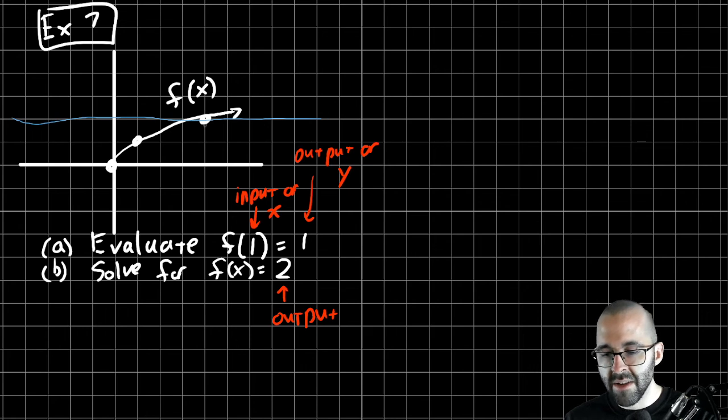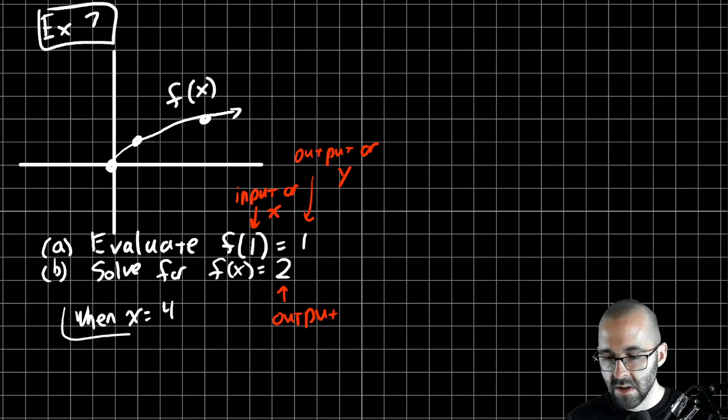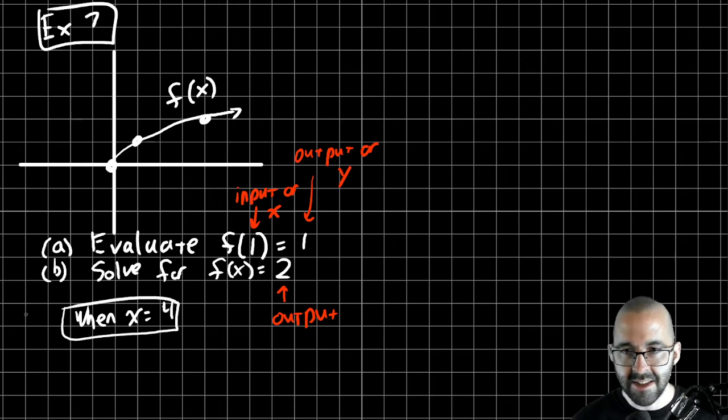Where does it cross the graph? Y value of 2 is right there. At this point, what is the x coordinate? The x coordinate right here is 4. That's the solution right there.